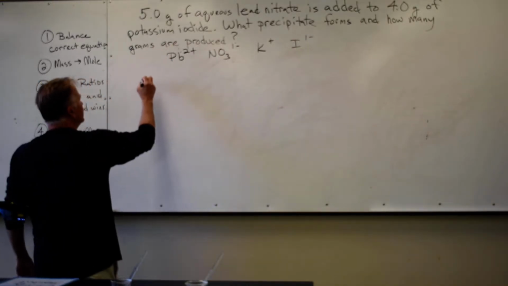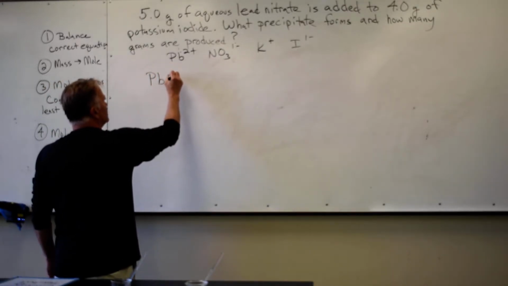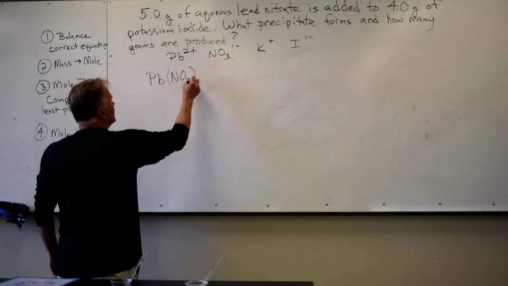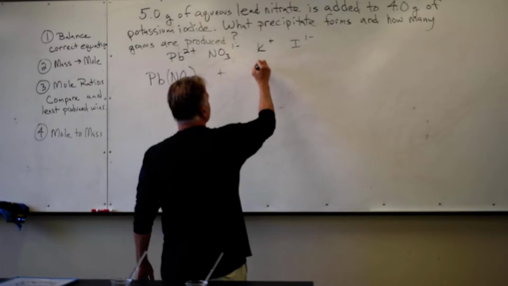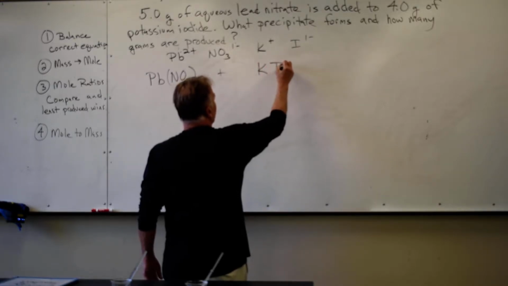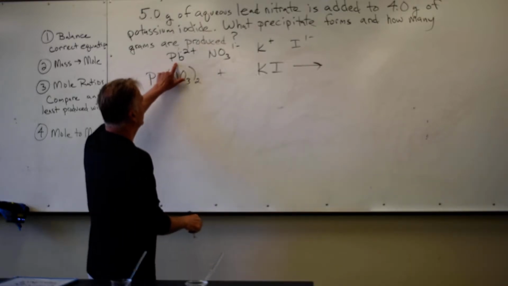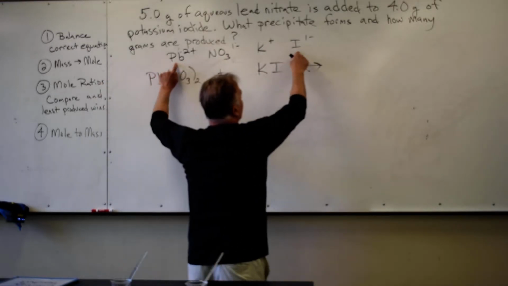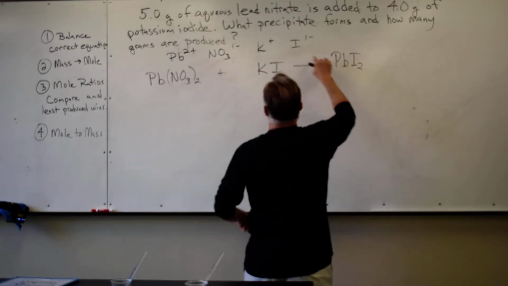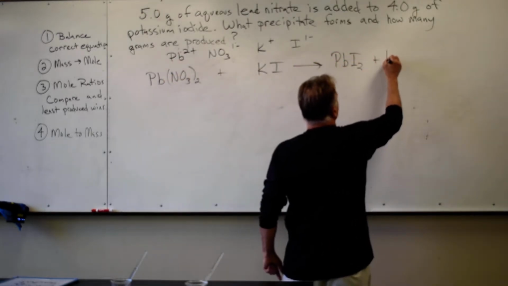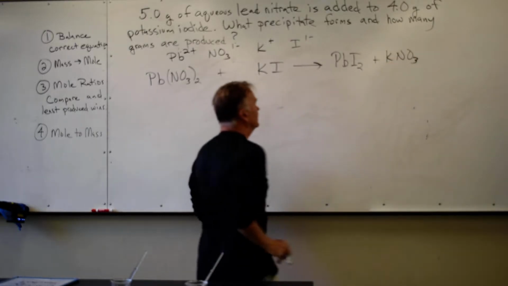Lead nitrate will be Pb(NO3)2 plus potassium iodide, that's simple, KI, and it will produce the double replacement reaction, lead iodide, PbI2, and potassium nitrate. Okay, 1+, 1-, that's good.